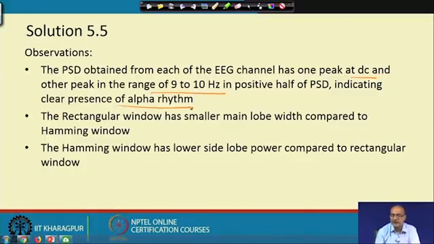So, in each of these cases alpha rhythm is the prominent signal that we get. Now, we look at the window used and its impact. For the rectangular window, we have a smaller main lobe, and because of that we are getting sharper peaks, compared to the Hamming window, which has lower side lobes than the rectangular window and gives more smoothing.